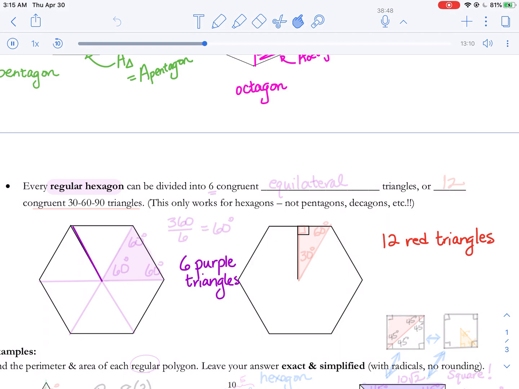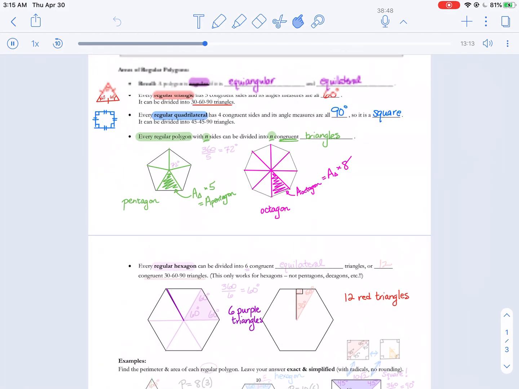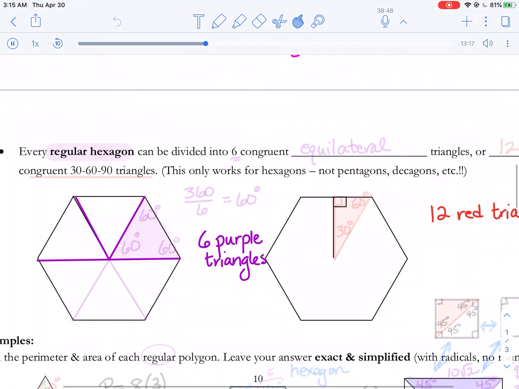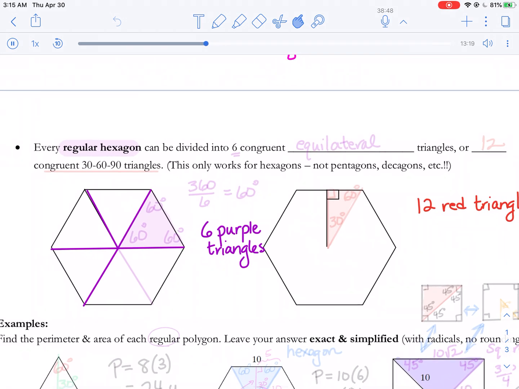I didn't quite make it to the center when I was drawing on my computer. Okay, so regular hexagons, how many triangles can you divide that into? 6.